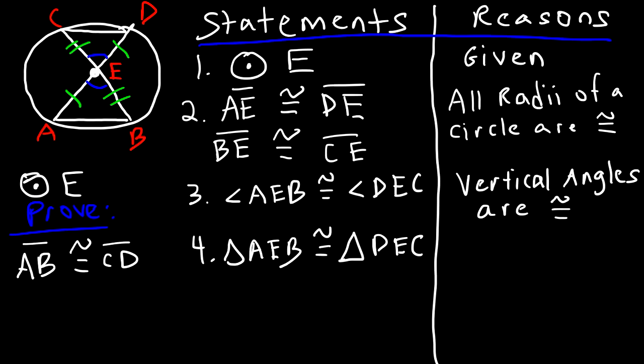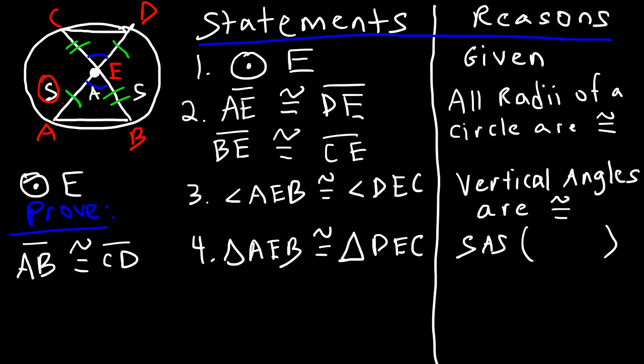Now, what's the reason? What postulate can we use to prove these 2 triangles congruent? So we have a side, an angle, and a side. So it's SAS. Now, what statements did we use to prove that those 2 triangles are congruent?